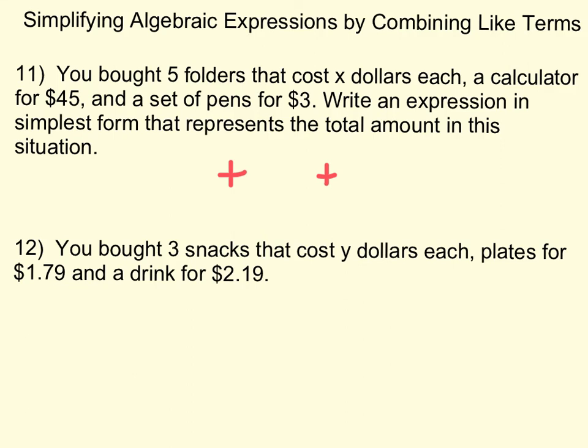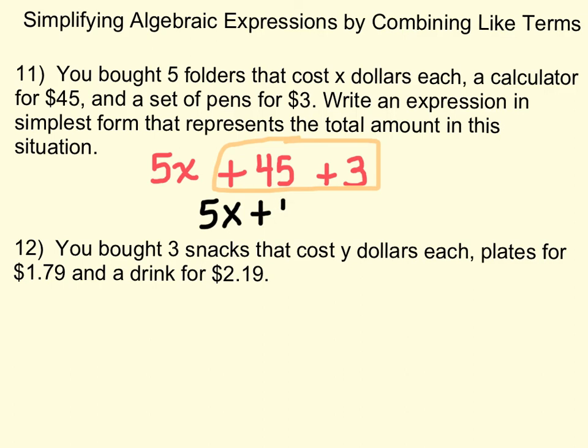We bought 5 folders, and each folder cost x dollars. We also bought a calculator, which was $45, and we bought a set of pens for $3. So now if we take this and simplify it, we can combine our constants, and our answer would be 5x plus 48. Go ahead and try number 12 on your own, and then play the video to check your answer.